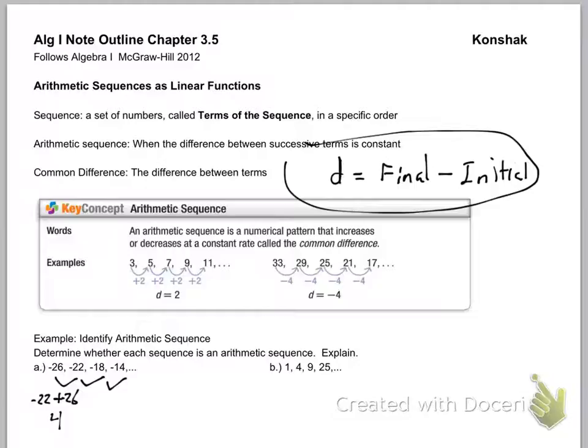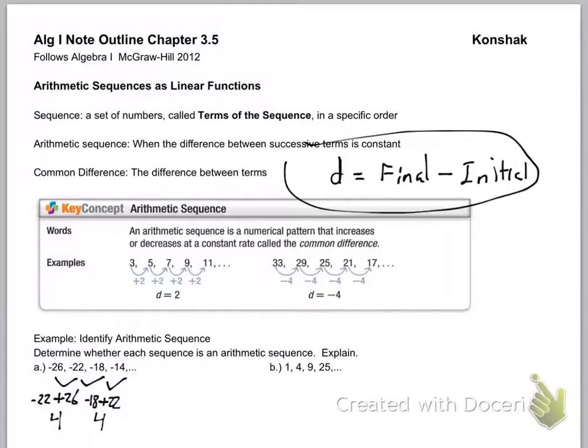Now, if I can prove the rest of them are adding 4, then we're good to go. Next one, negative 18 minus a negative 22. I need to add that. So negative 18 plus 22 is 4.